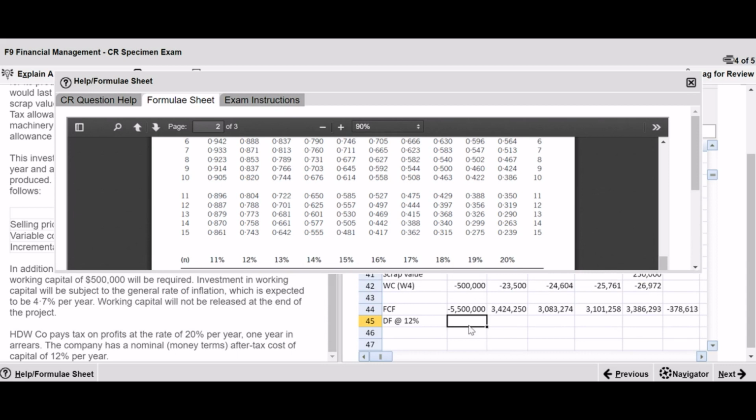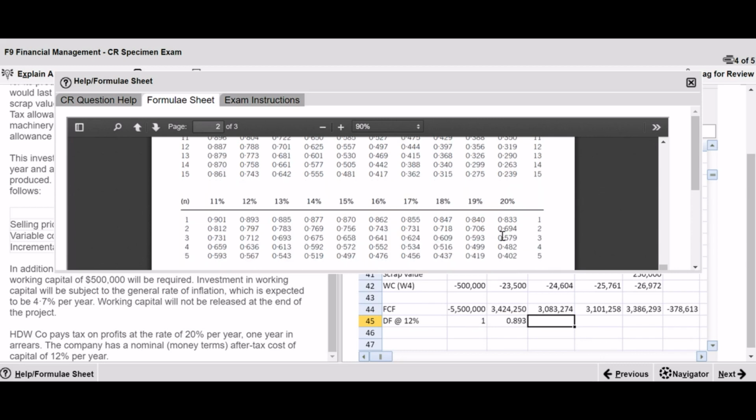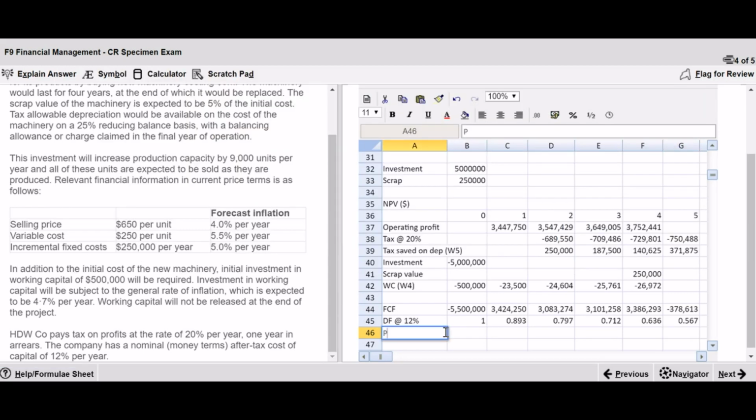It is one here, 0.893, 0.797, 0.712, 0.636, and 0.567.